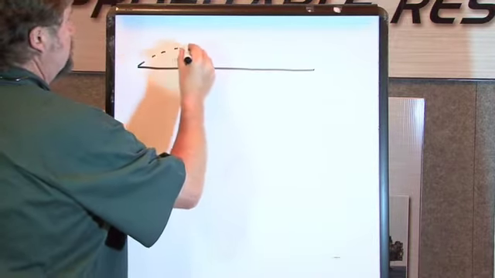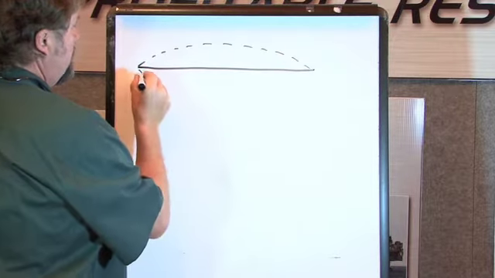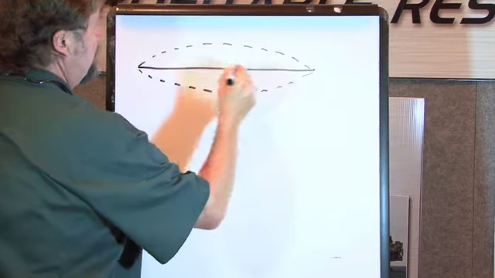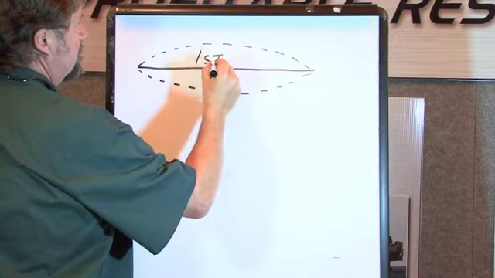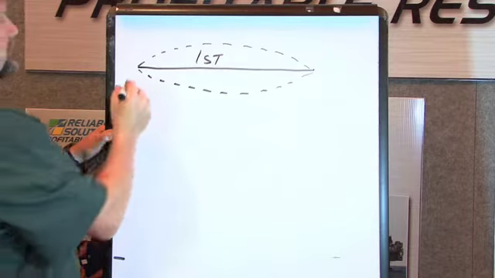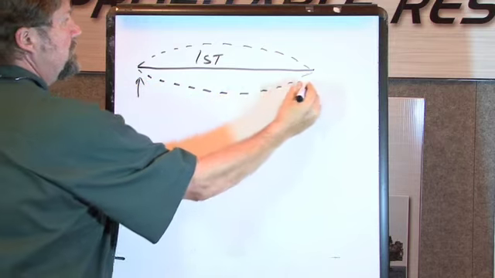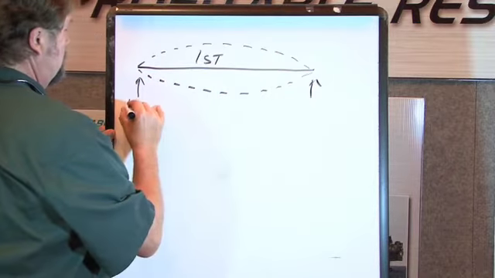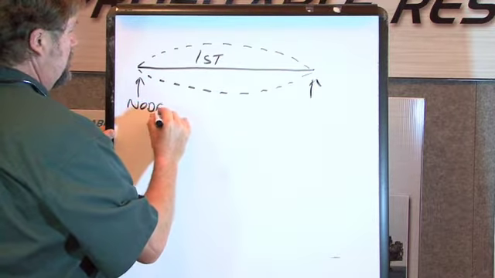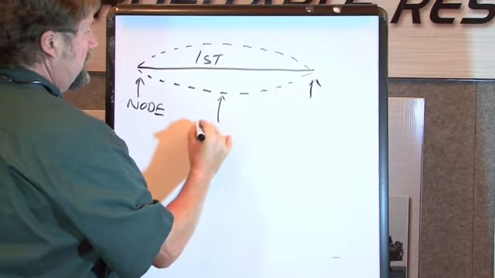For example, if the structure was vibrating like this, this would be the first critical. The first critical has two nodes and one antinode.